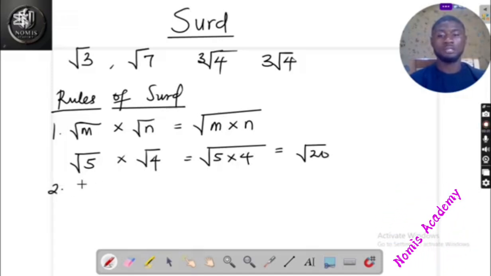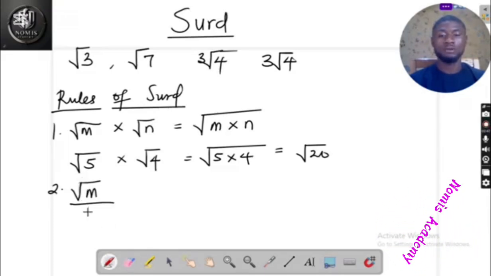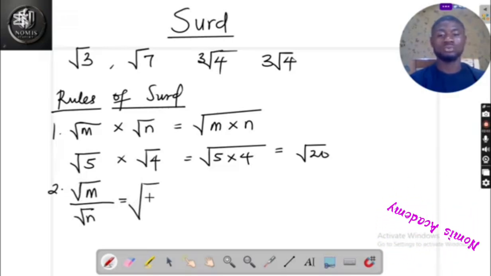Rule number 2 says root m all over root n is equal to root m all over n. Meaning that if I have root 20 to be divided by root 4, I can just take one root since they have a common root.